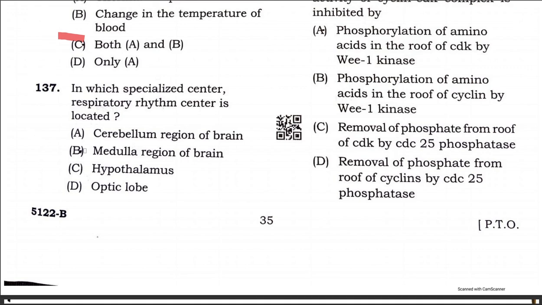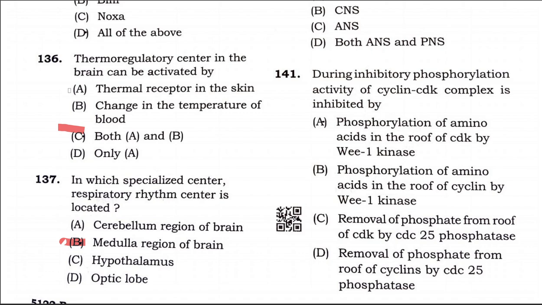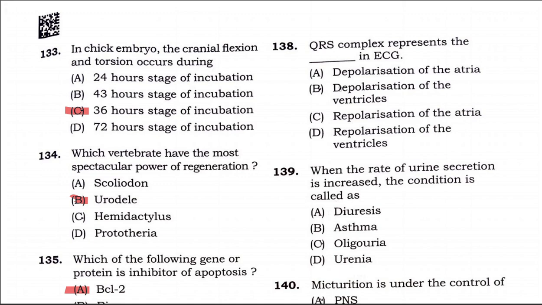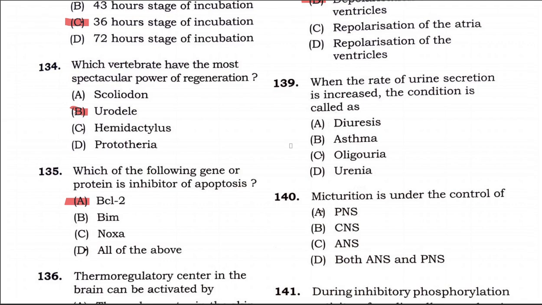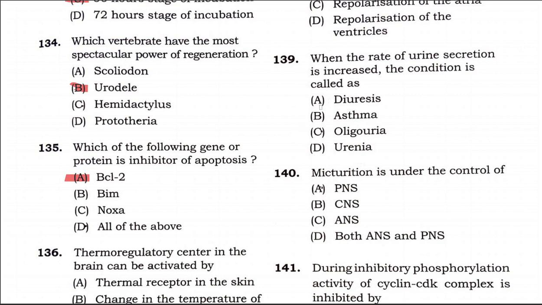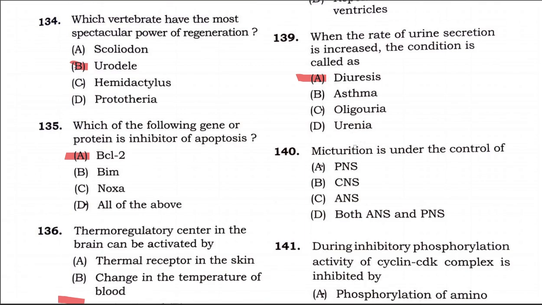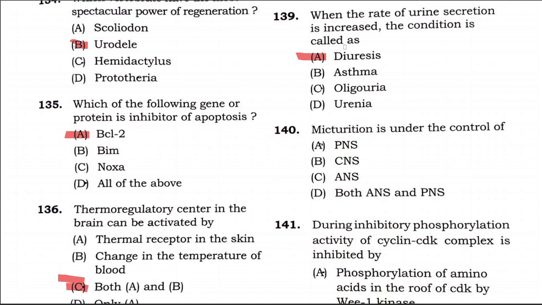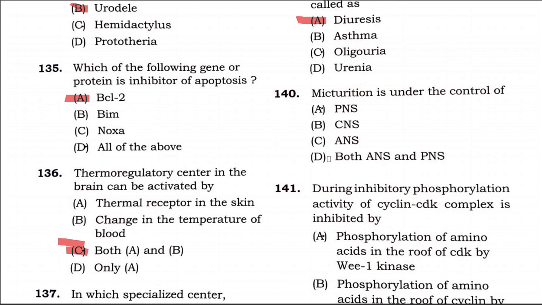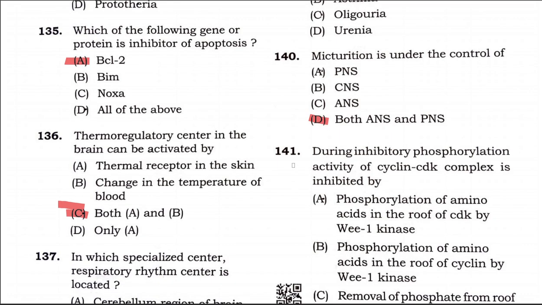So medulla region of brain is the right answer here. Then QRS, of course, is the depolarization of the ventricles. Then when the rate of urine secretion is increased, the condition is called diuresis or polyuria. Uremia is the accumulation of urea in blood. Diuresis is the correct term for this. Then micturition is under the control of autonomic nervous system and peripheral nervous system.